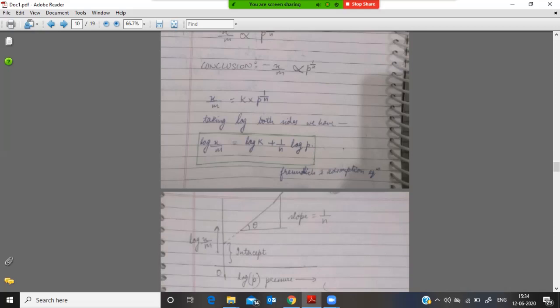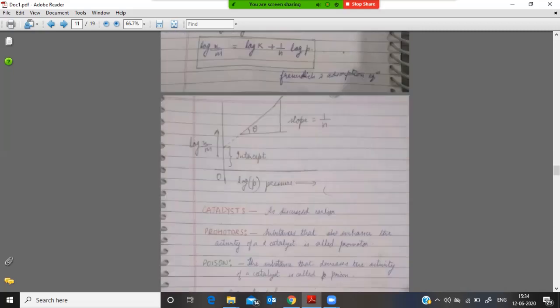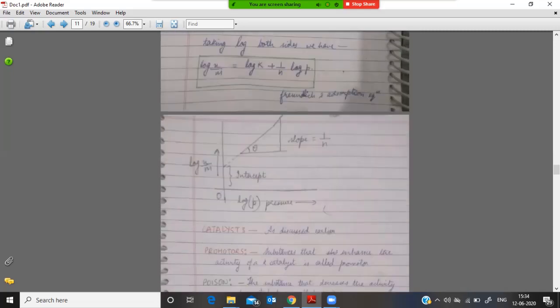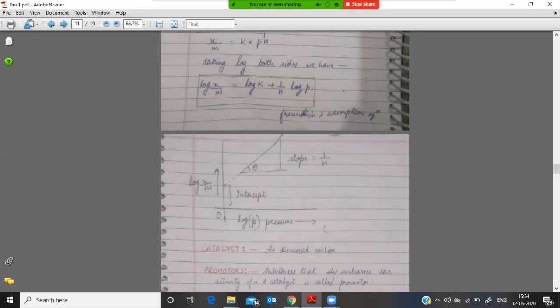When we draw the graph of log x by m versus log p, we get a straight line as shown in the graph. The Freundlich isotherm is valid. The slope of the line is equal to 1 by n.